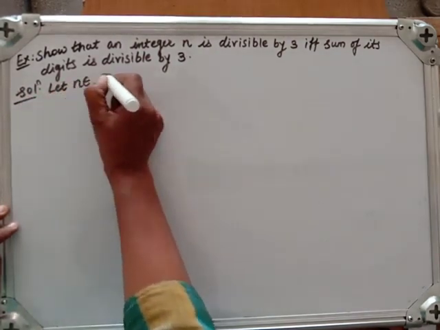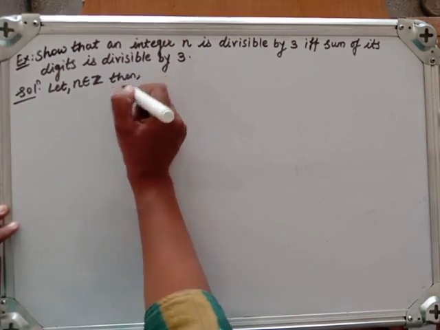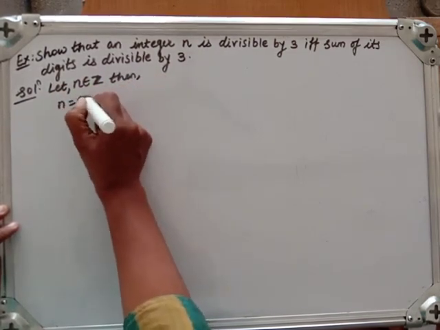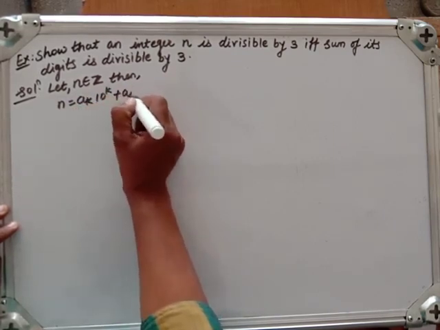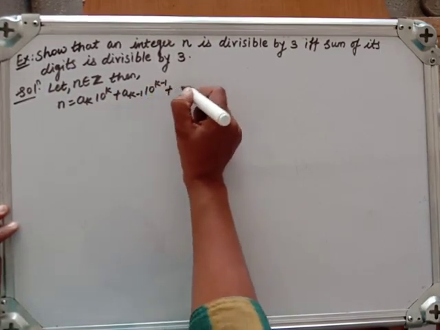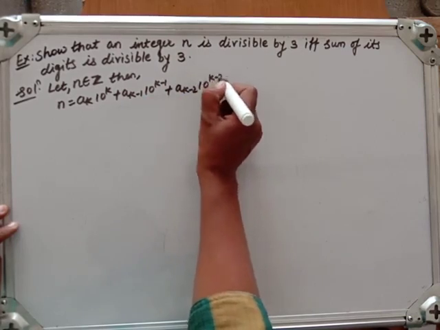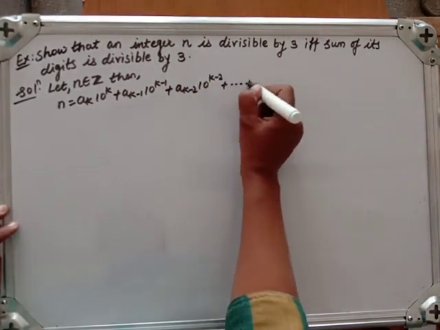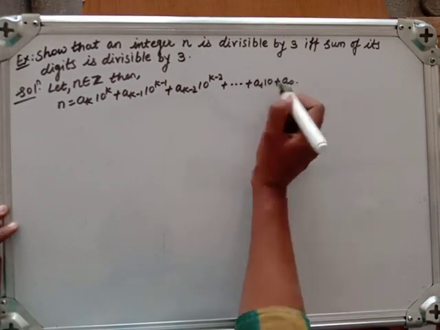Let n be an integer, then n is equal to ak 10 raised to k plus ak minus 1 10 raised to k minus 1 plus ak minus 2 10 raised to k minus 2 plus so on a1 into 10 plus a naught.